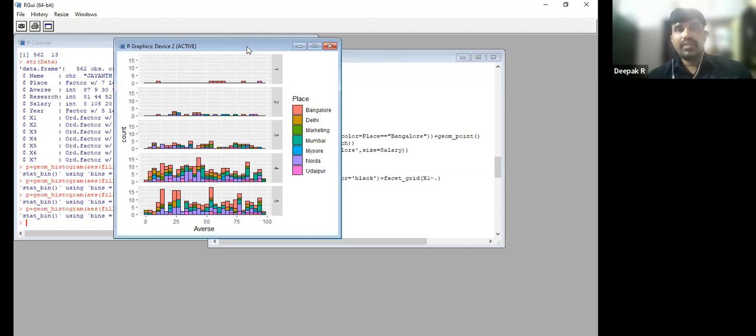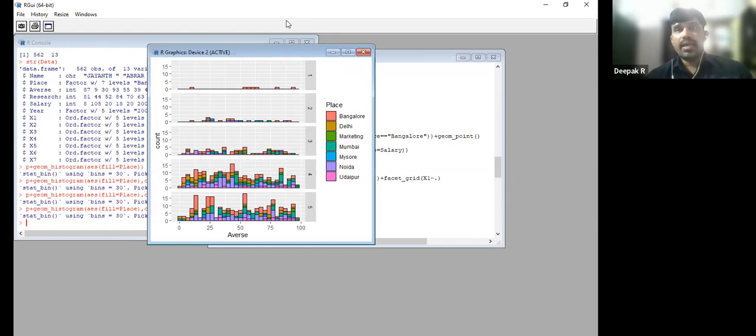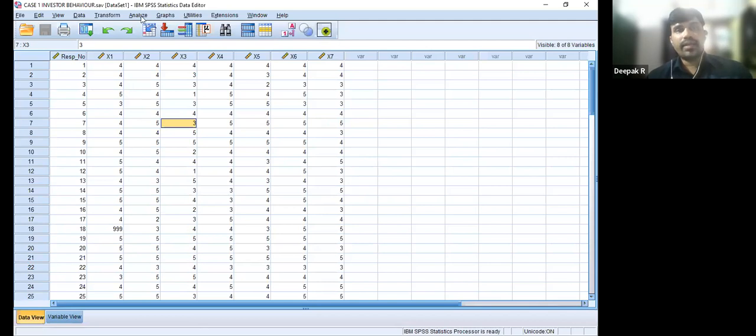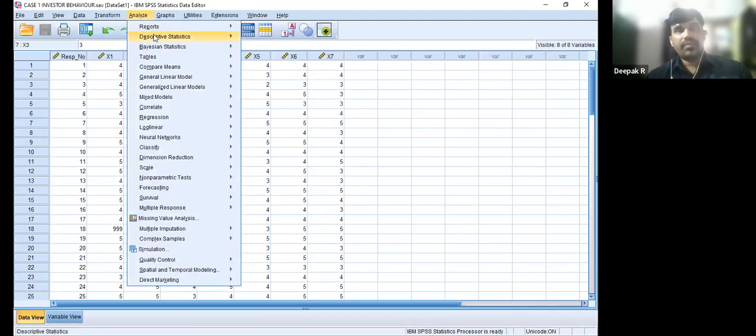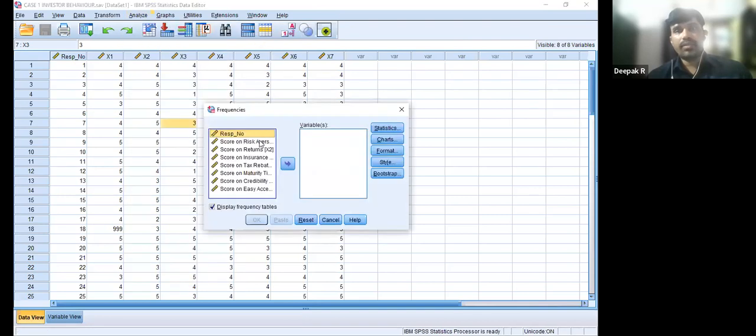And this is able to give us much better inference than what we do whenever we go for SPSS with this data. We go for Analyze, Descriptive Statistics, Frequencies, and take the score on risk awareness.